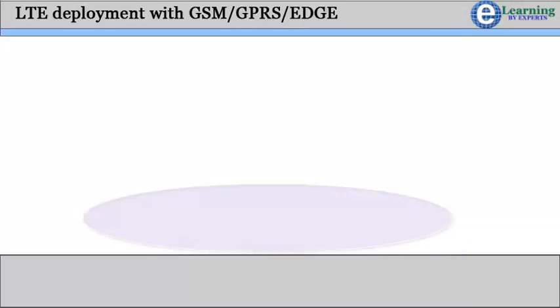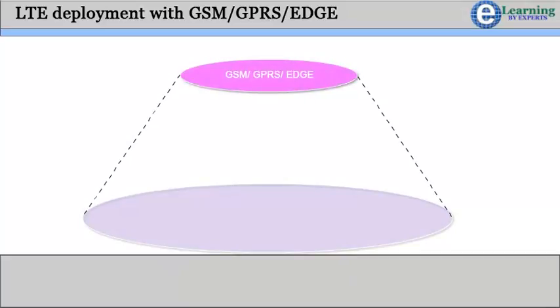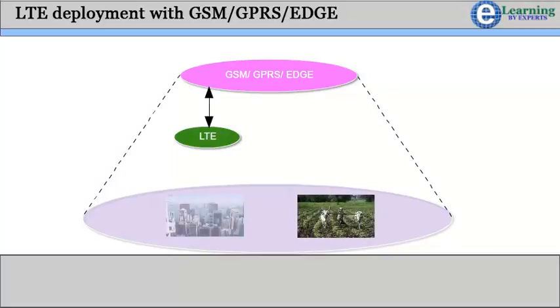Here is an evolution scenario, where a network operator evolves his network from GSM GPRS EDGE to LTE. Let's assume that the operator is a large operator covering both rural and urban areas. When the demand for new services such as high-speed packet data is seen, it is typically the urban areas that need to be addressed first. The operator will start deploying LTE in the urban areas first.